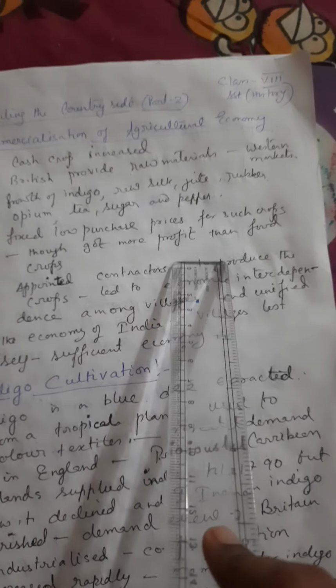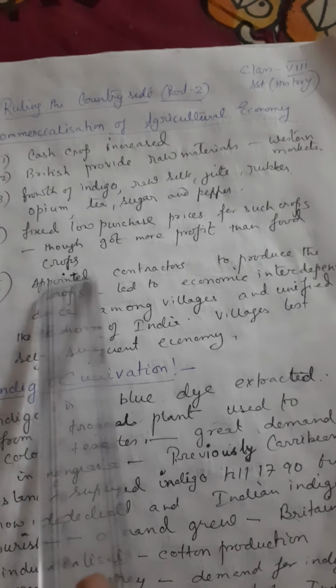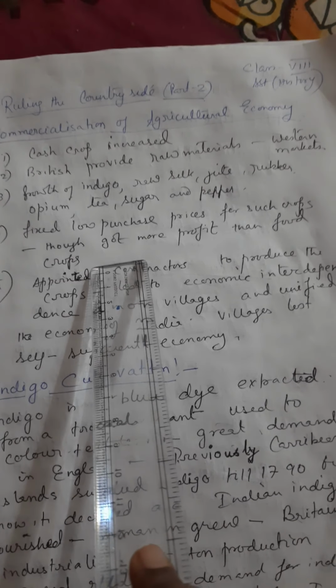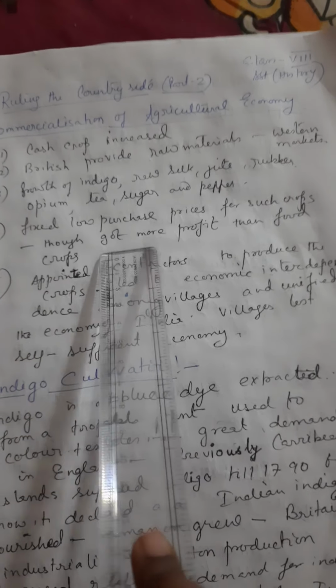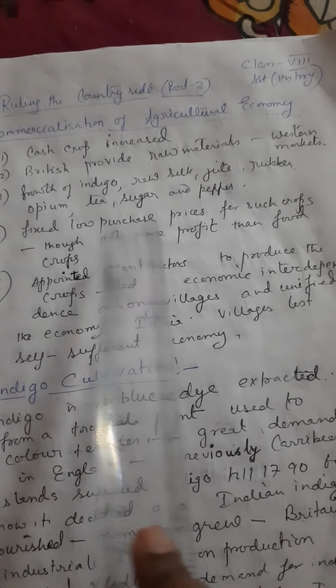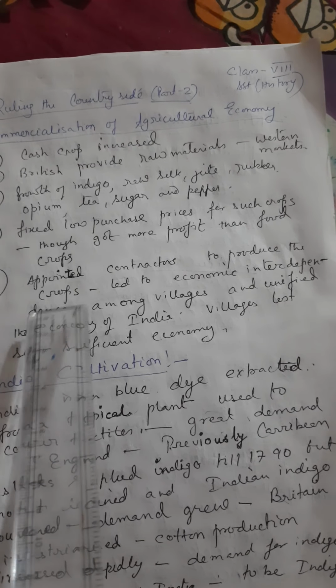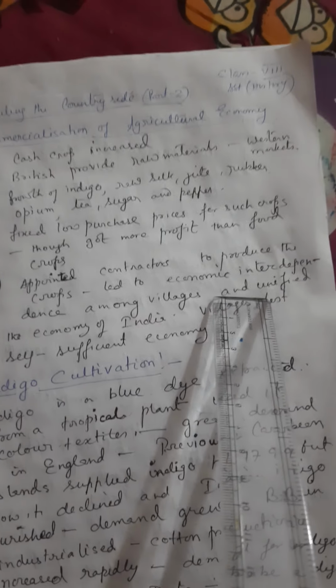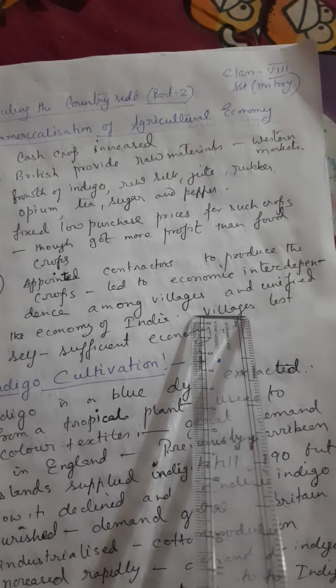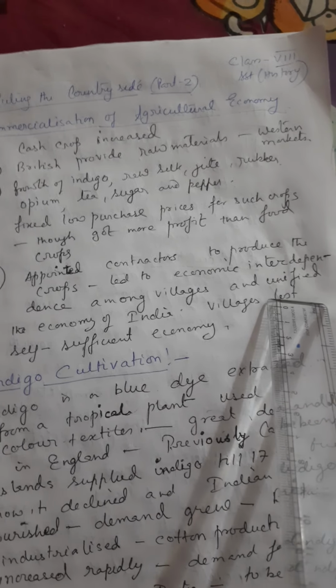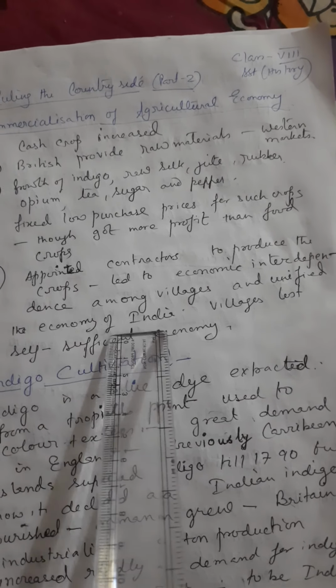They got more profit than from food crops. By selling food crops they were not getting so much profit, but by selling cash crops they were getting more. So they appointed contractors to produce the crops. This led to economic interdependence among the villages and unified the economy of India.